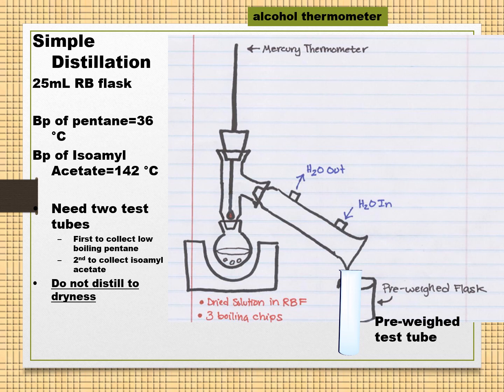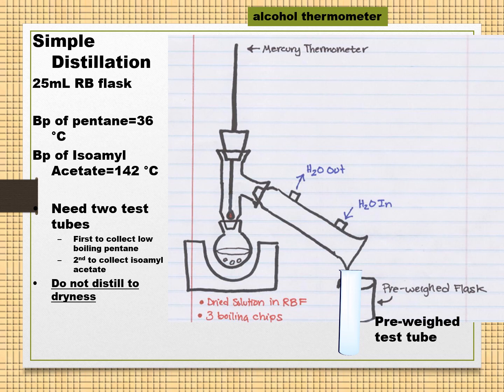Here, in order to help you know the yield of the ester, you can pre-weigh the test tube or your container so that you can deduct the mass of this container from the mass of the container with the mixture, and you can get the accurate yield of your experiment.